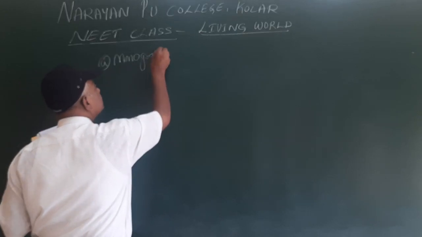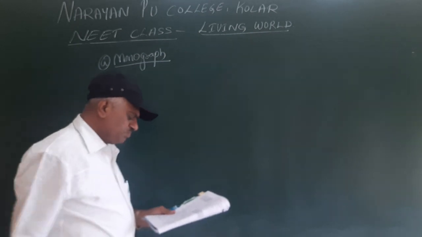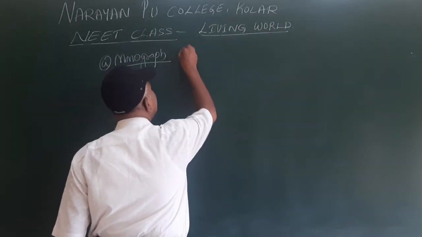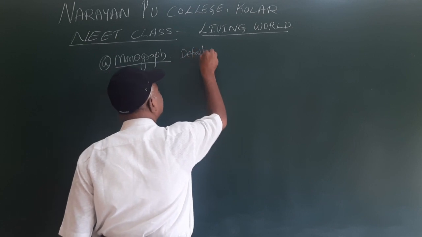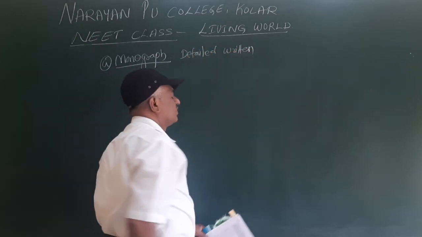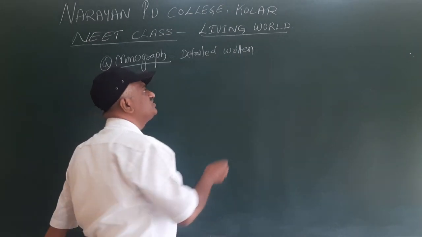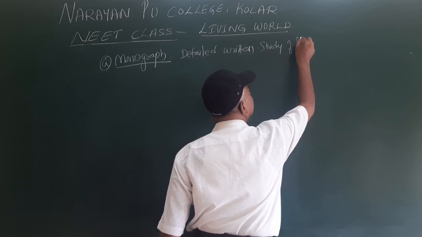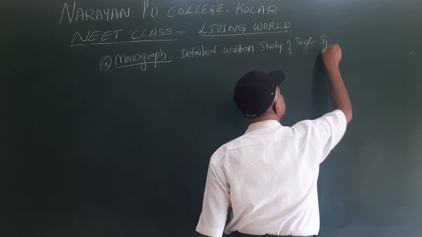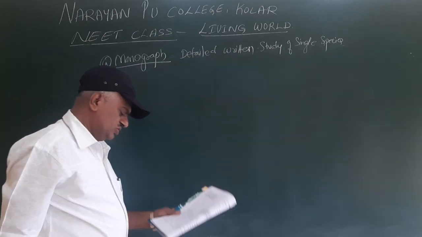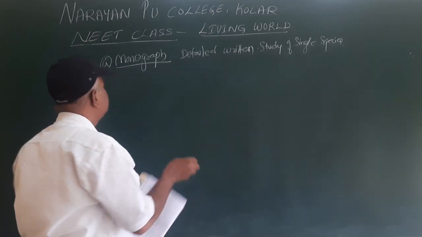monograph. As I said, monograph is nothing but a detailed written study of a single species. This comes under monograph. The second option is manuals.